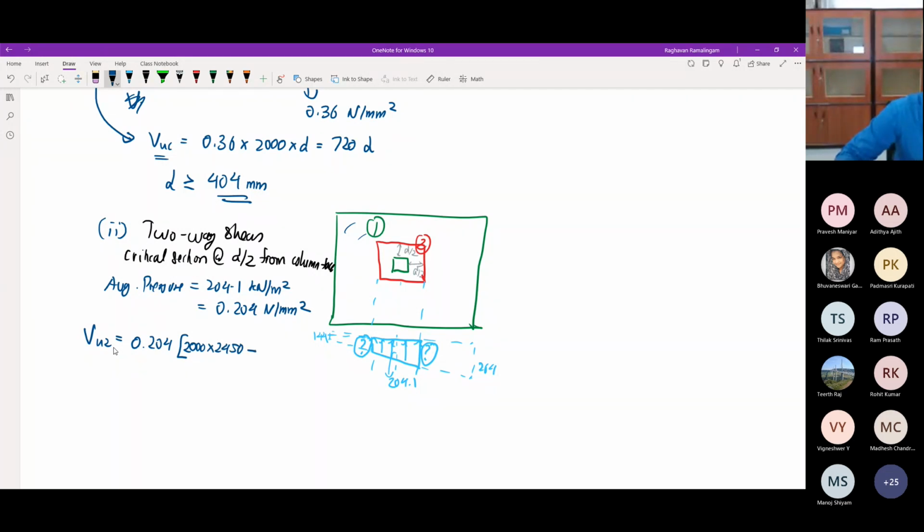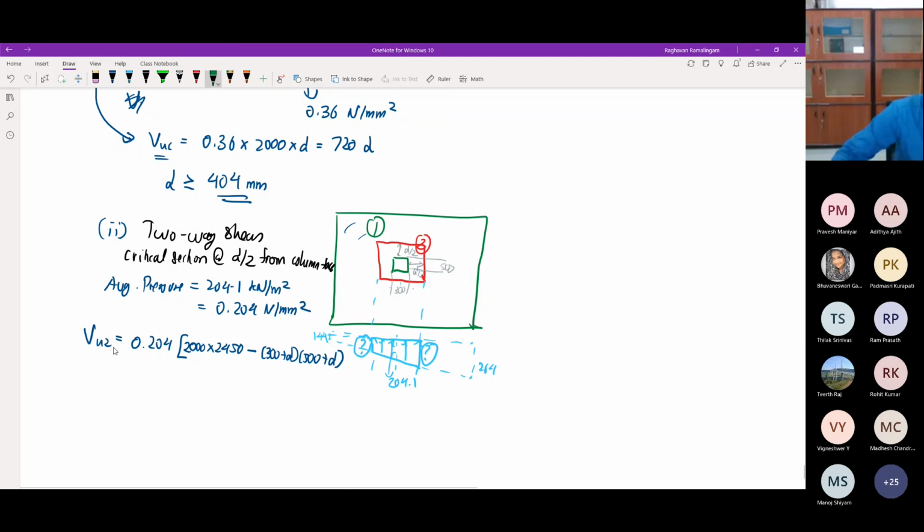And for this one, this is 300, this side d by 2, this side d by 2, so it will be 300 plus d. This is 500, d by 2 is 500 plus d. So 300 plus d, 500 plus d. So this is the total shear force that will act on the faces.